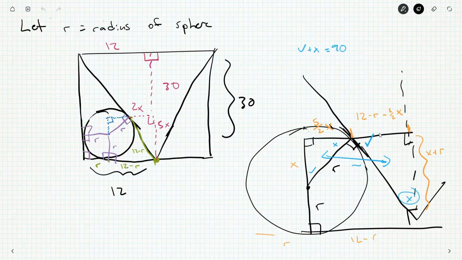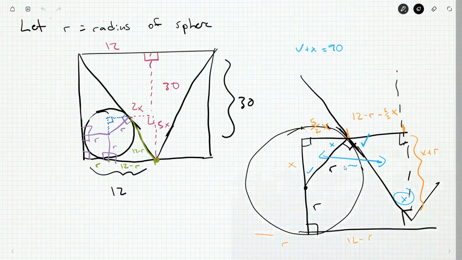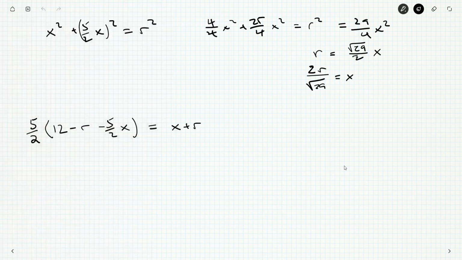And then the whole distance is 12 minus r, so now we need 12 minus r minus 5 over 2x. Alright, so I'm going to multiply by 4 on both sides. Do I want to multiply by 4? Well, let's multiply by 2, and we'll get 5 times 12 minus r minus 5 over 2x is 2x plus 2r. But it's nice that this one right here is going to be linear.